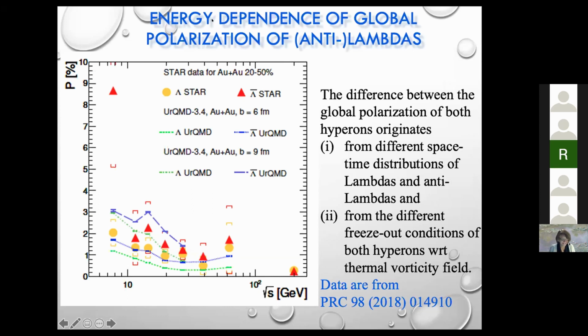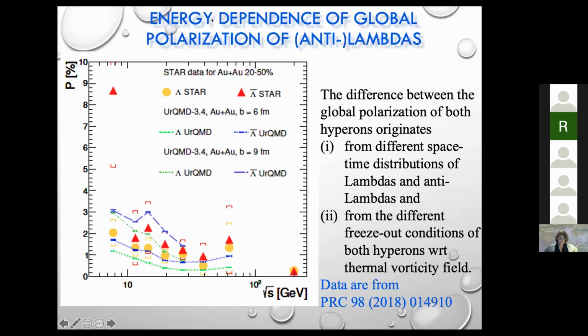I mean, for example, if you take other models describing the data, like your model, is it reasonable? Actually yes, there was a work by Vadim Voronyuk, Vyacheslav Toneev and Evgeny Kolomeitsev. In this case, they obtained a rather similar result.